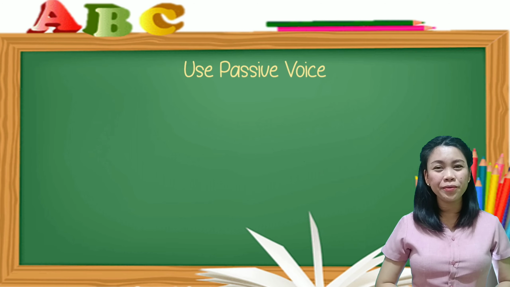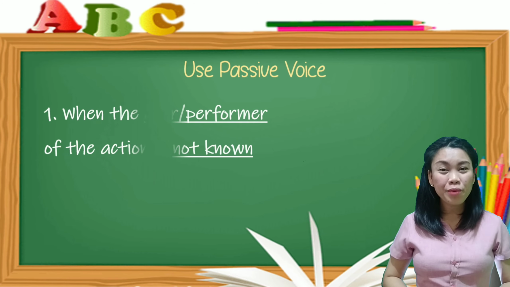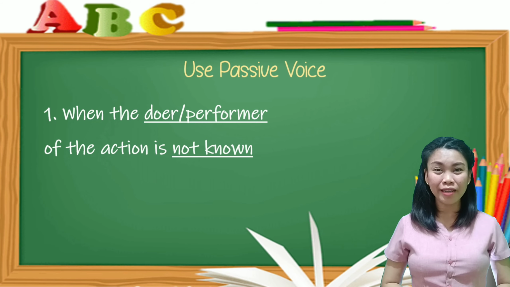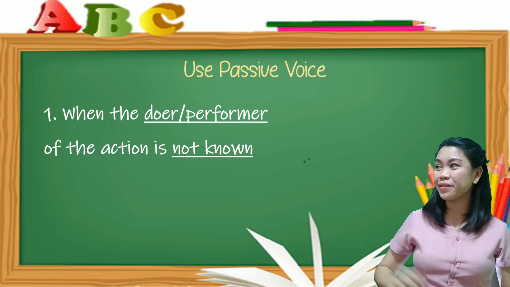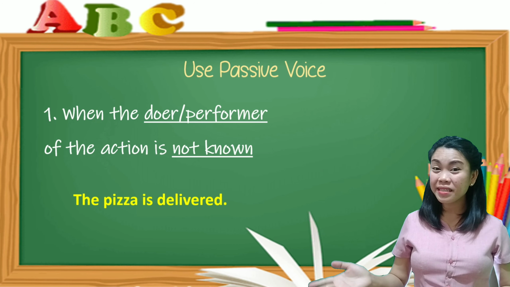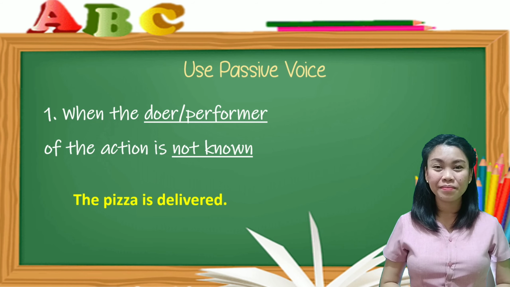Now, when do we use passive voice? Number one, we use passive voice when the doer or the performer of the action is not known. For example, the pizza is delivered. In this example, we do not know who delivers the pizza.